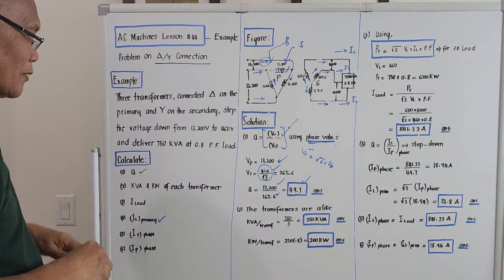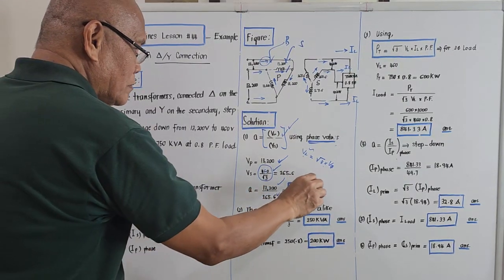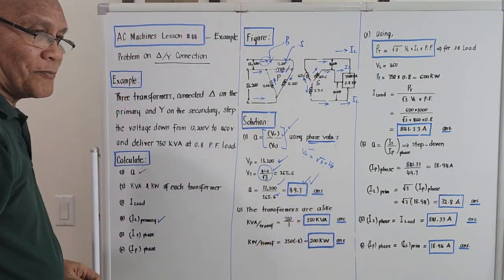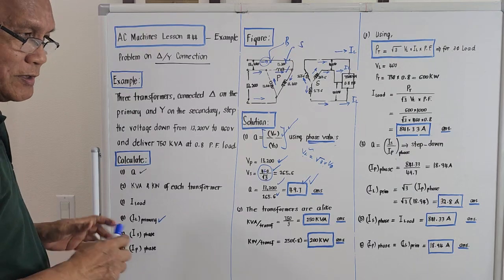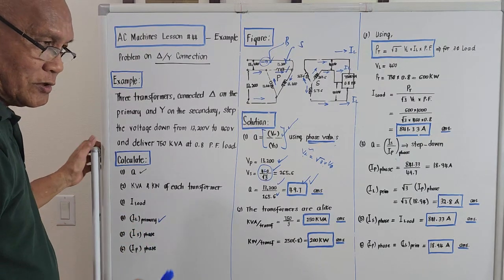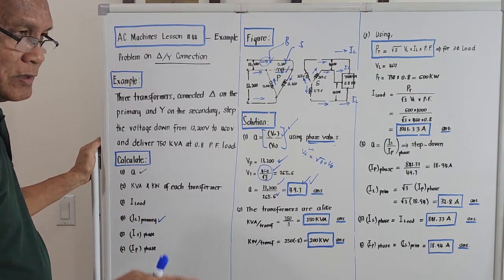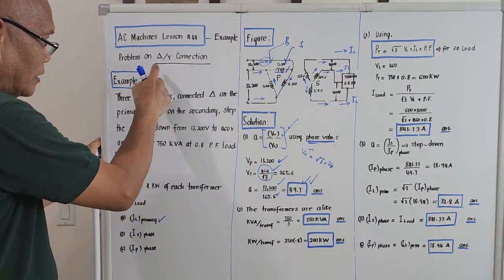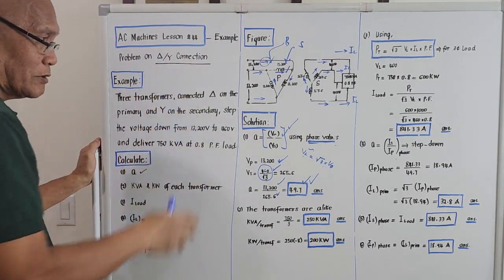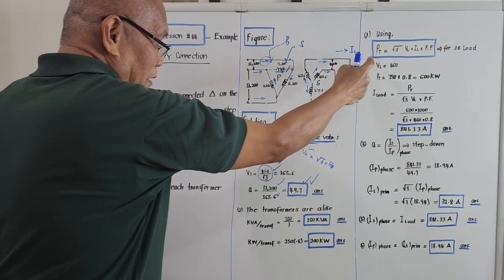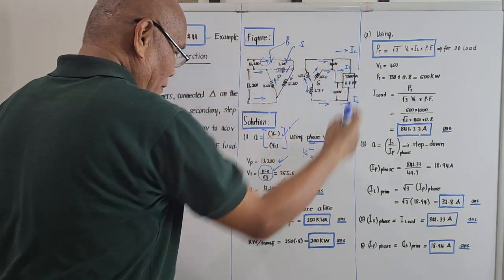So the answer for number 1 will be 49.7. This is now an application of the equations involving transformers in relation to delta to Y connection or Y to delta connection, plus this formula here, that was the last time around.